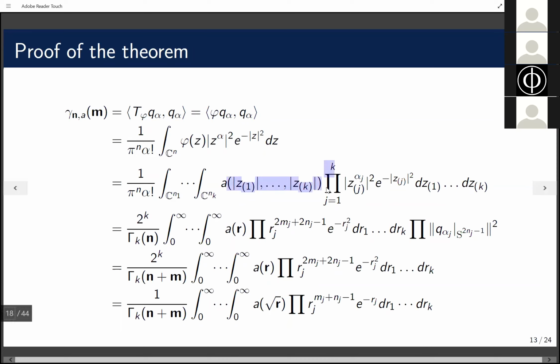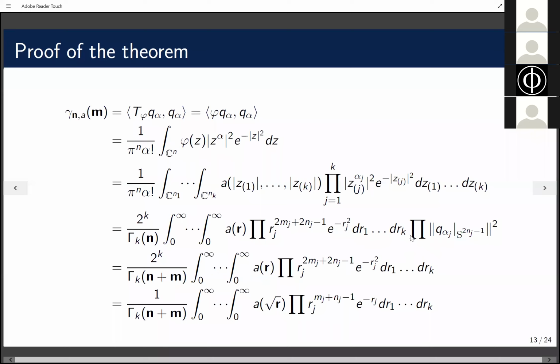This depends only on r, and we get from here r_j to the power 2m_j, and this part we get from the polar coordinates formula, and e to the negative r_j squared we get from here. The only spherical part we get is from here, and that is just the product of these normalized monomials restricted to the sphere, norm squared.